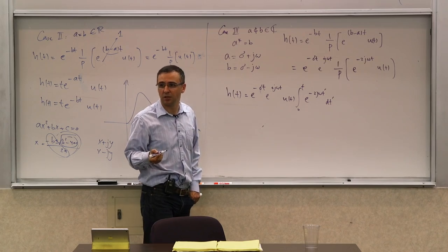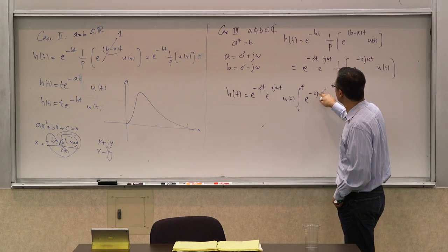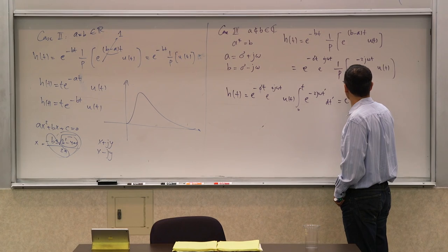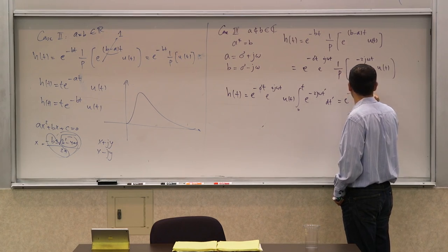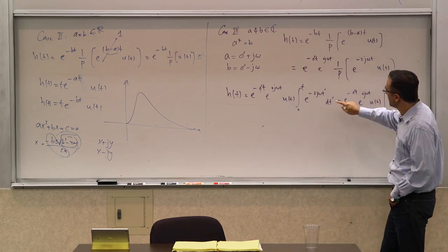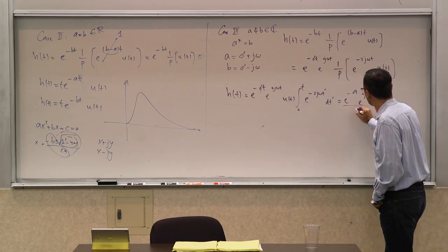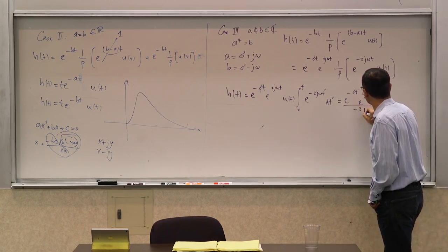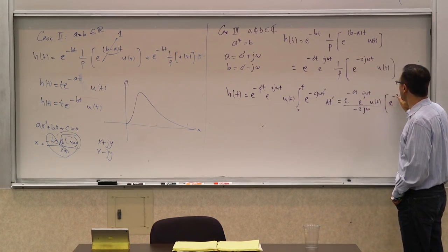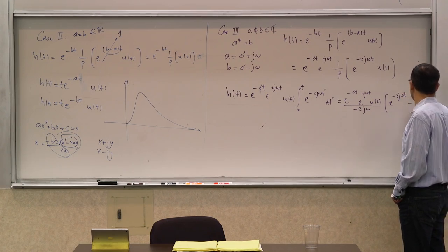Now, this integral is easy to calculate, right? It's an exponential. The indefinite integral is 1 over this coefficient times the exponential. So e to the negative sigma t, e to the plus j omega t, u of t, times, well, there's a 1 over negative 2j omega here, and then I get e to the negative 2j omega t minus 1.